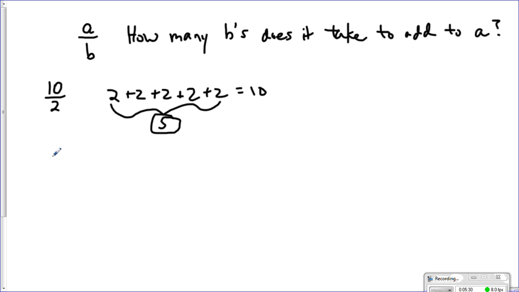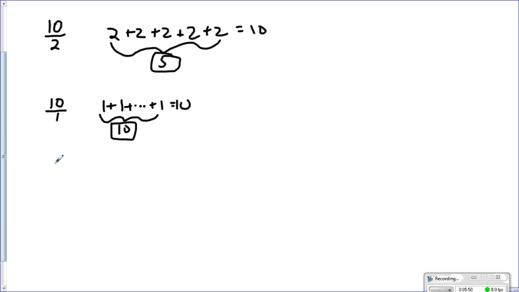How about if we go smaller? How about 10 divided by 1? How many 1's? I'm not going to write them all out. If they add up to 10, then of course there are 10 of them. So 10 divided by 1 is 10. Now let's get smaller. How about 10 divided by 0.1?